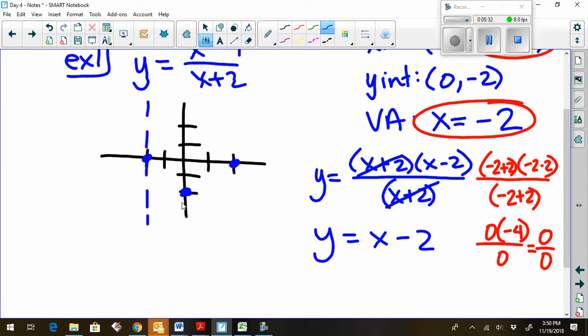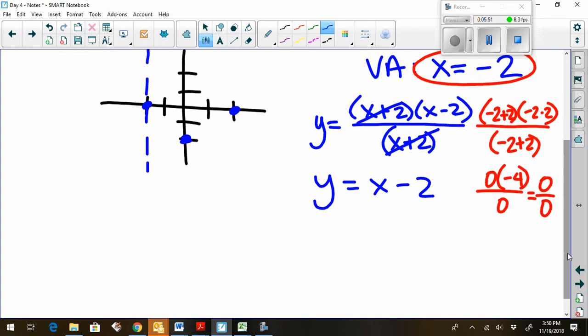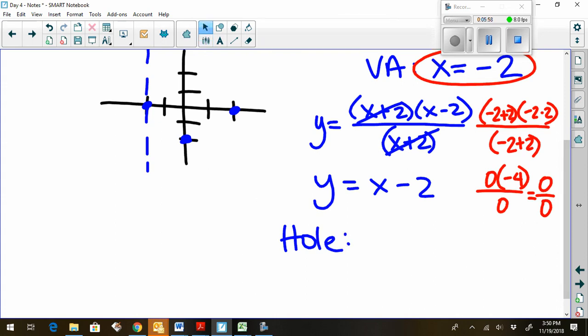And we'd hit both of these points. So we know that lines continue, but something happens at -2. So we have to keep in mind the whole function, because at -2, we get 0 over 0. So what we call that is a hole. So to find the hole, I'm actually going to move this over.